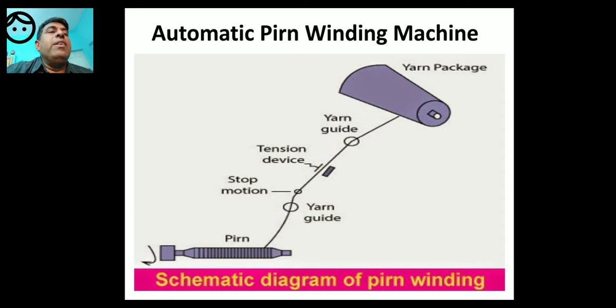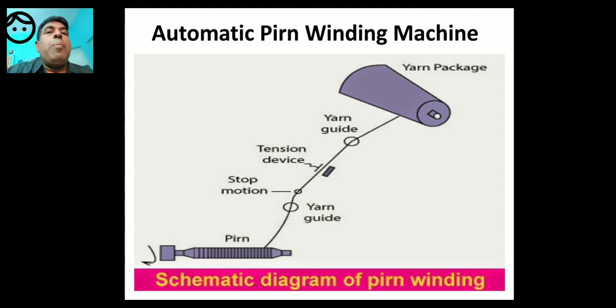yarn guide. So by looking at this diagram, we can see that the weft from the cone or cheese is drawn through a yarn guide, and then proper tension is maintained by the tensioning device, and then it passes through the stop motion. So that is the stop motion.